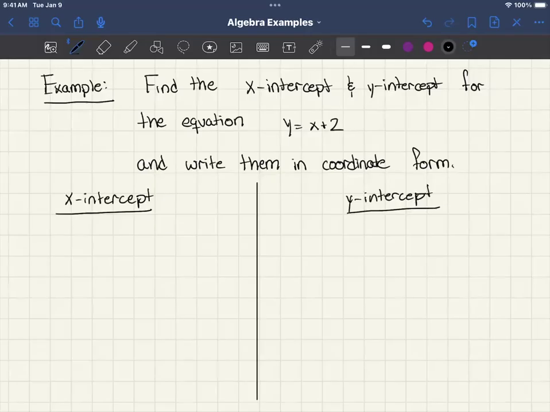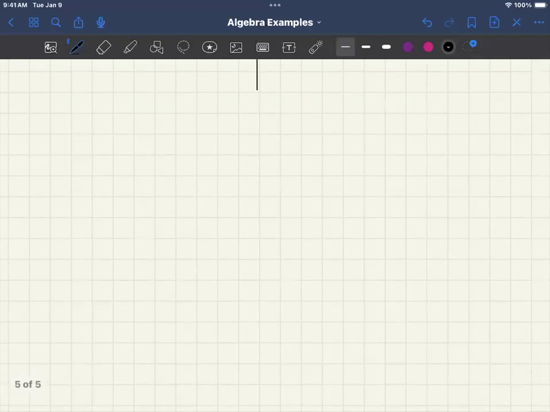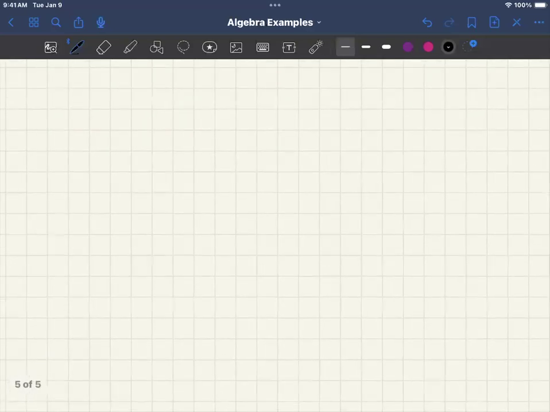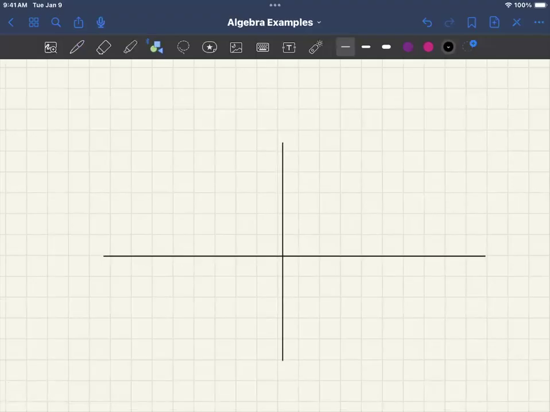When we're looking at intercepts for a graph, remember we're looking at a line, so let's just go back and do a quick review here. Let's put up an XY axis. I'm going to put up a random line, and I'm going to label our axes.